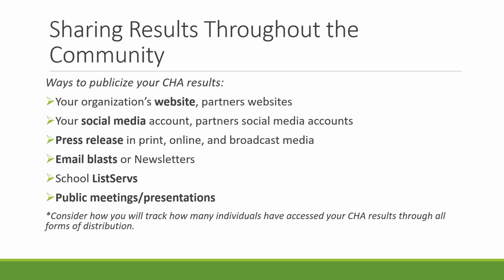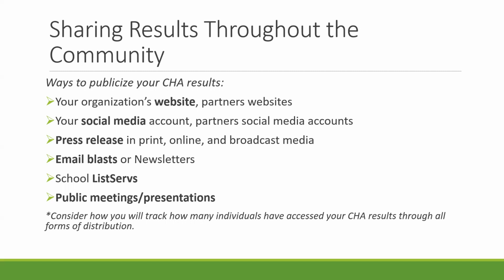So here we have some different methods for sharing your results and spreading the information throughout your community. Sharing your results in an effective manner is directly related to raising community awareness, which in turn increases readiness. We want our communities to be aware of priority health issues, to understand why it is an issue, and to be ready to act to solve the issue. Steps 2 and 6 of the community health assessment are directly related to these goals and build upon the assessment work we have already done so that we can effectively address the issues our community is faced with.